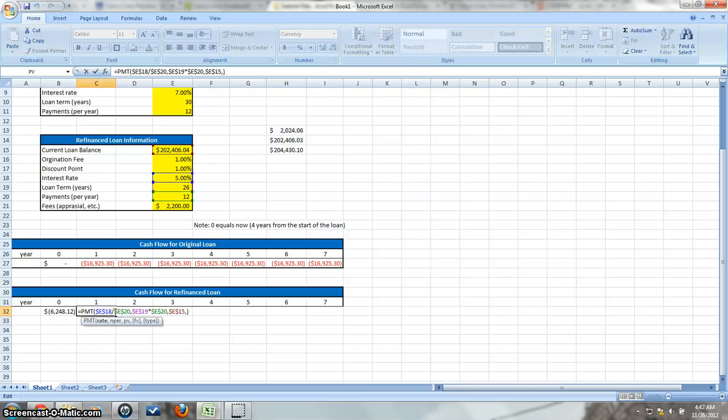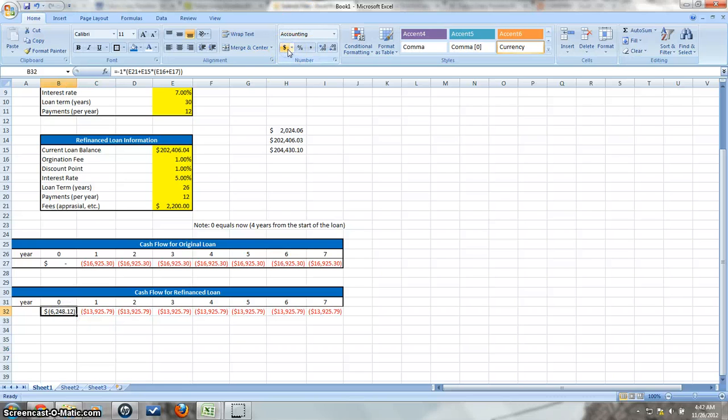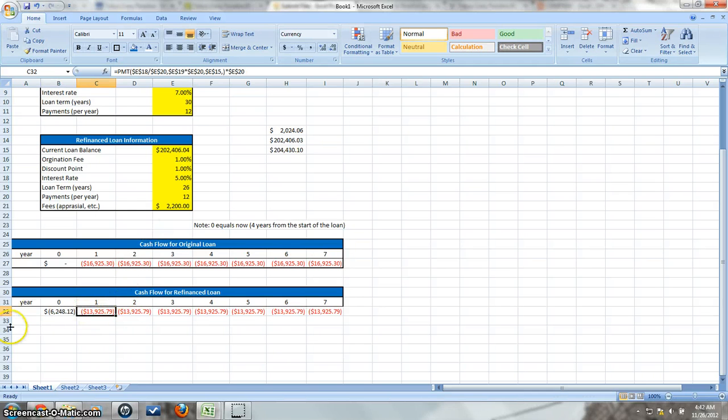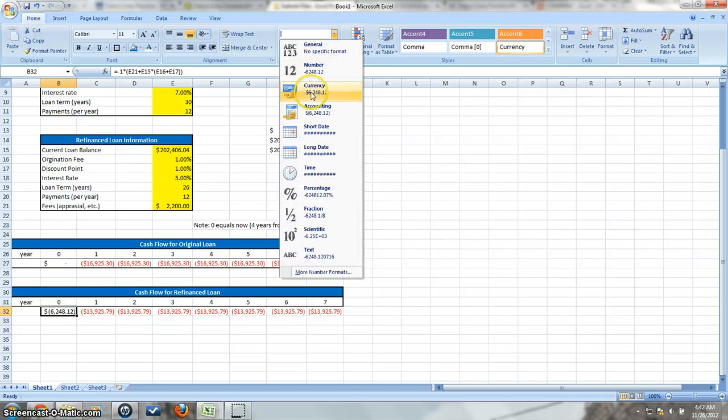Again, should be multiplied times 12, which will reference the number of payments per year, just in case it for some reason changed. We would have a quality value. And I'm going to make this also a currency for a little more consistency.